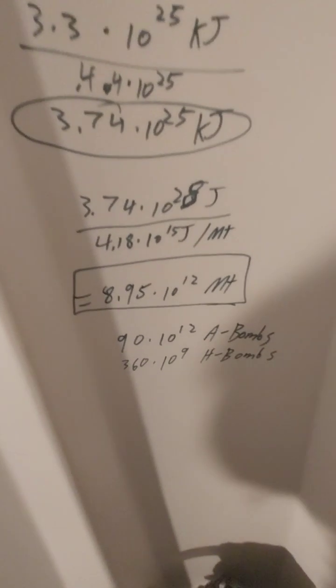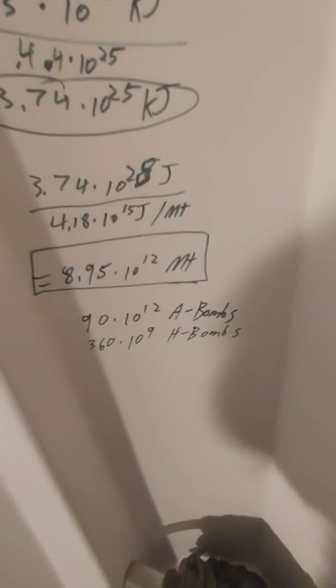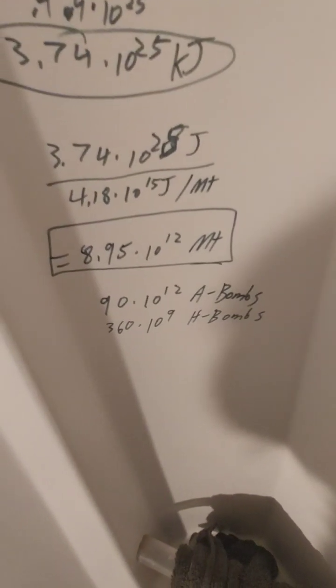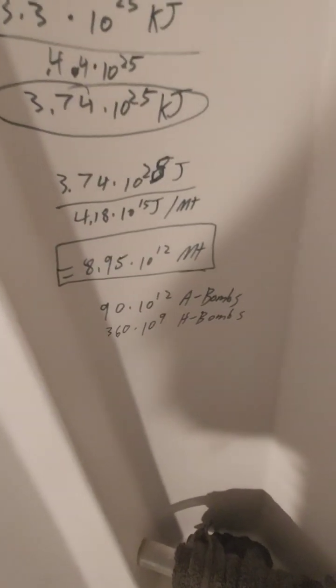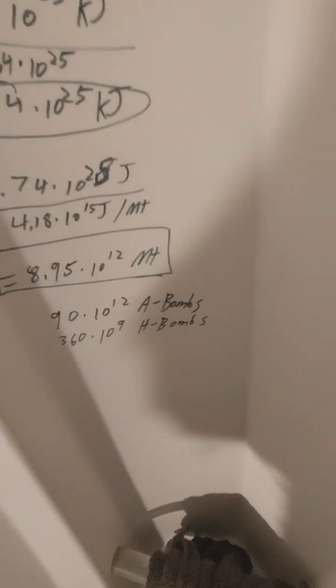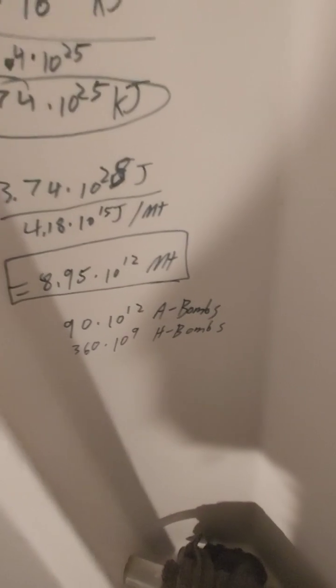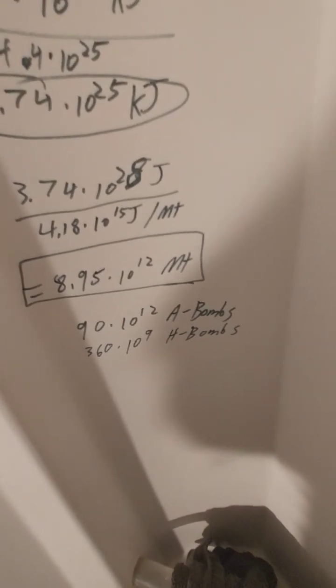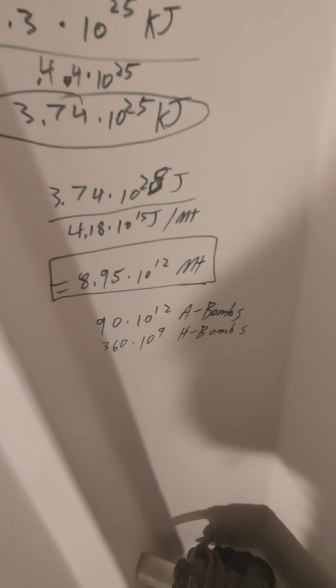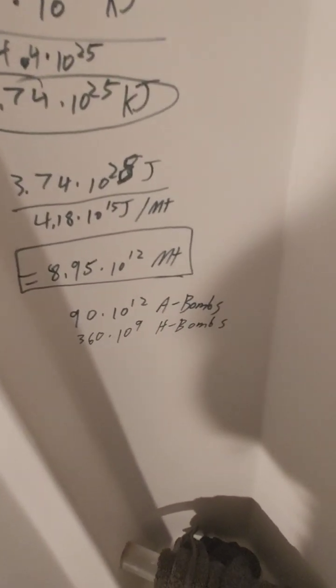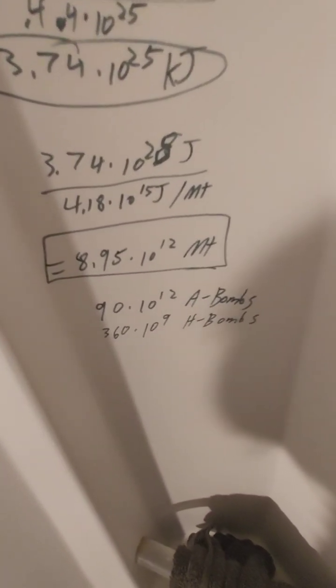I'll double check that in a second, but that's right. 360 billion hydrogen bombs. So roughly in the neighborhood of 60 hydrogen bombs for every man, woman, and child on the face of the earth as of about the year 2000.